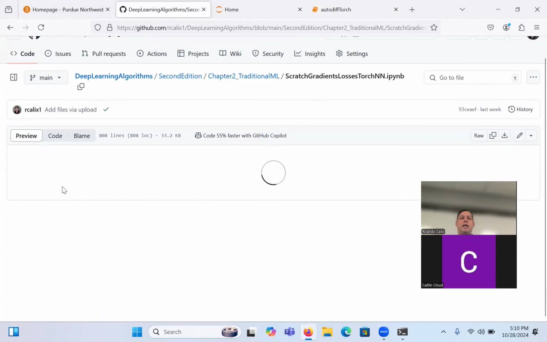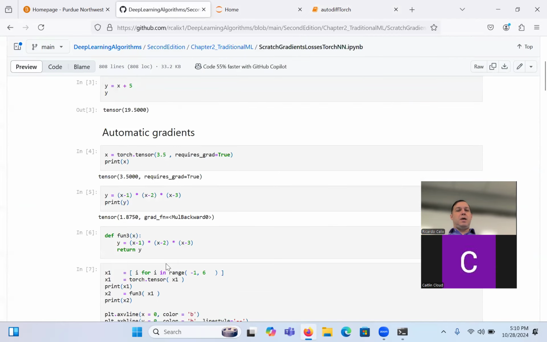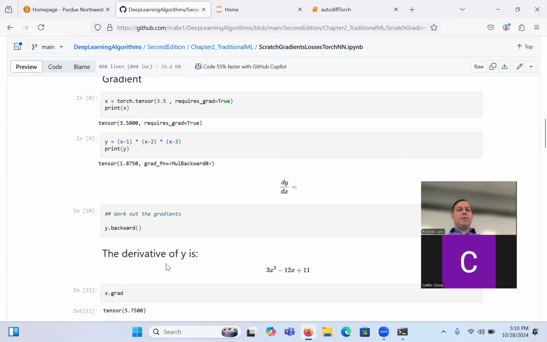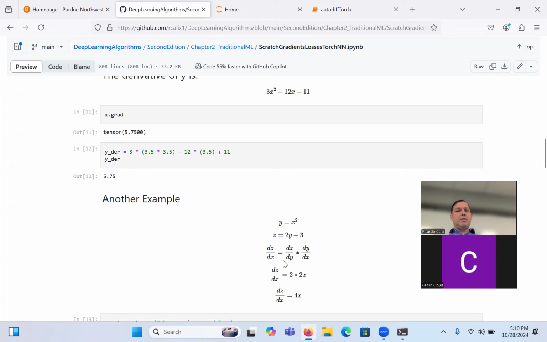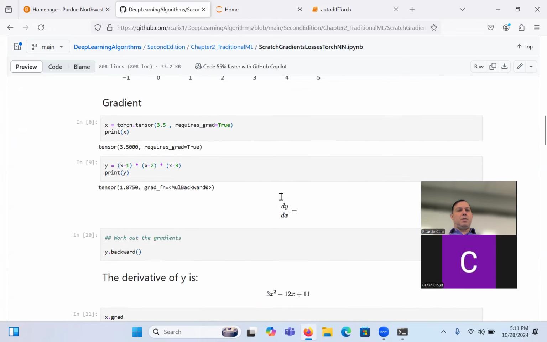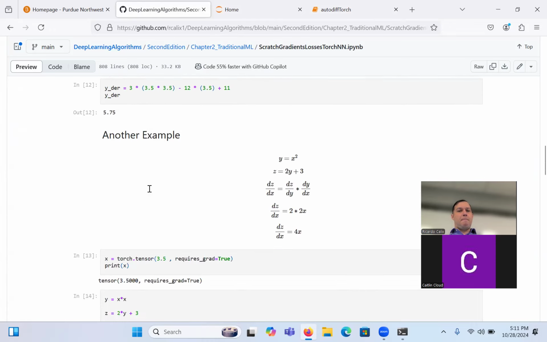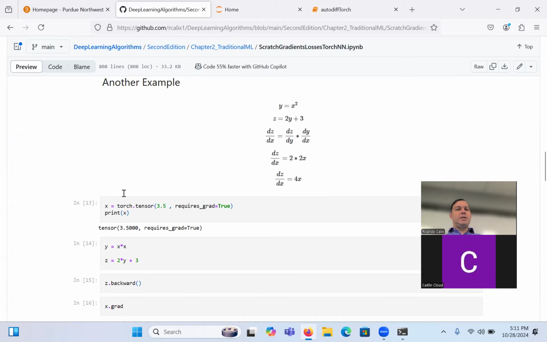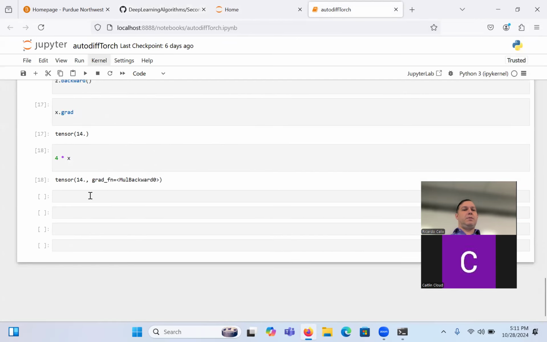So the code should be here. And then from there, we should be able to write the learning algorithm from scratch, basically, and see its behavior. So, okay, we haven't done this one, I believe, but we did this one. Oh, yeah, we did this one. We did this one too, right? So y equal x squared and z 2y plus 3. Okay, so we've done that one.